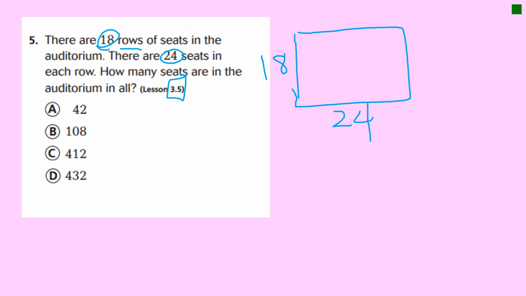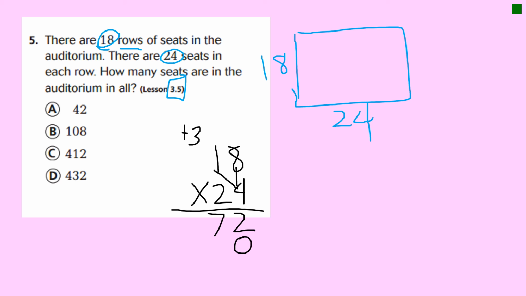All right, let's see. 18 rows of 24 seats. All right, 4 times 8. Let's see, 2 times 8 is 16, double 16 to 32. 4 times 1 is 4, plus 3, 5, 6, 7.